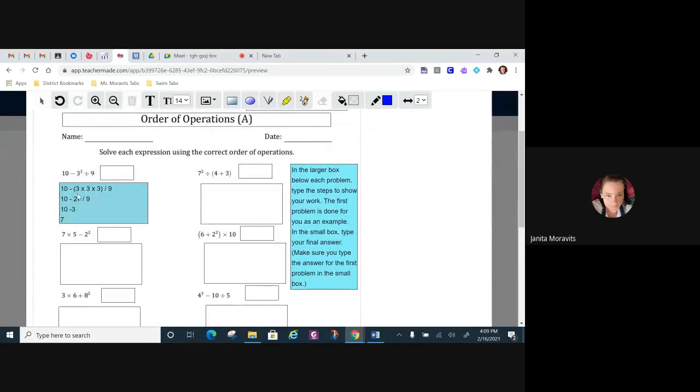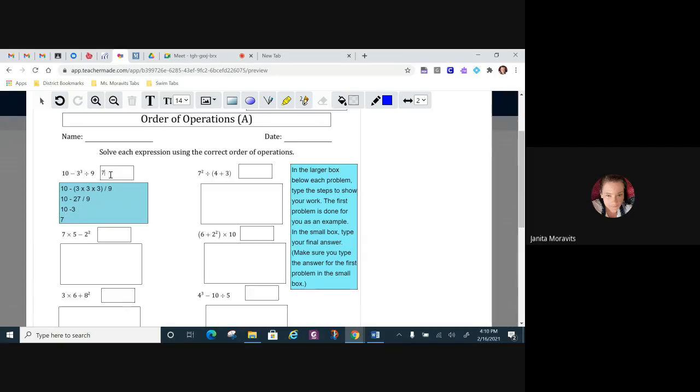So we had 3 times 3 times 3, 3 times itself 3 times. 3 times 3 is 9 times 3 is 27. So we bring down our 10 minus, and then it's 27 divided by 9. 9 will go into 27 3 times, and 10 minus 3 will leave us with 7.